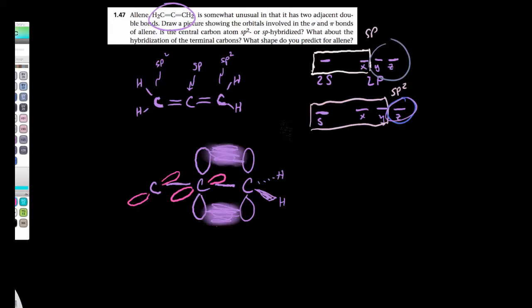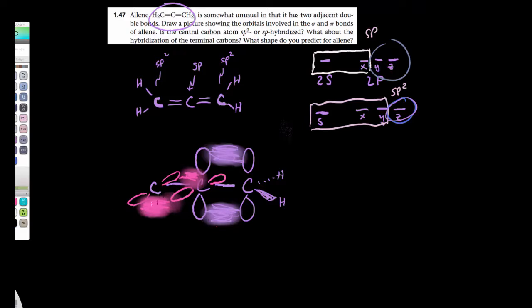And I'll just draw that electron overlap. Now this electron overlap for the pi bond is coming outside the plane of the paper and going back in. So in this case, the pi bond is orthogonal to the purple pi bond, this one here. The pink one is going back and coming out, whereas the purple one is in the plane.